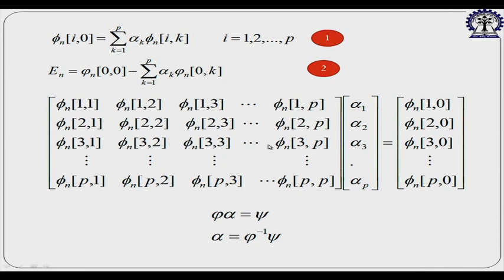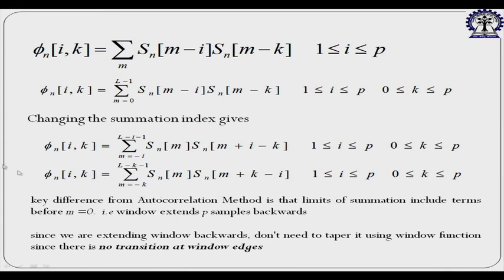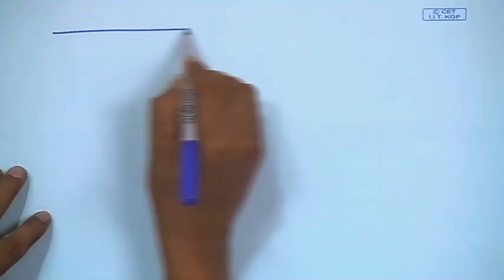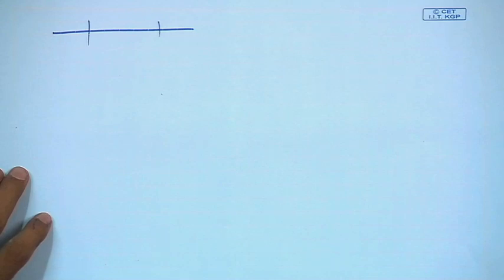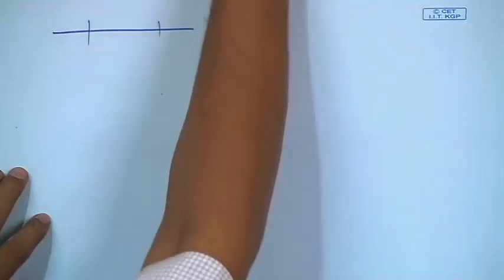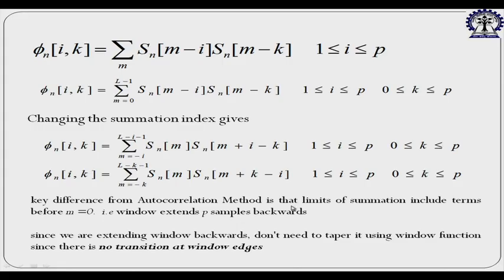Now, the difference is that in this matrix, I have not taken the signal outside the window as 0. If I take it, then a problem will come. So, what will we take? The key difference in the covariance method is that the limit of summation includes the terms before m equal to 0.